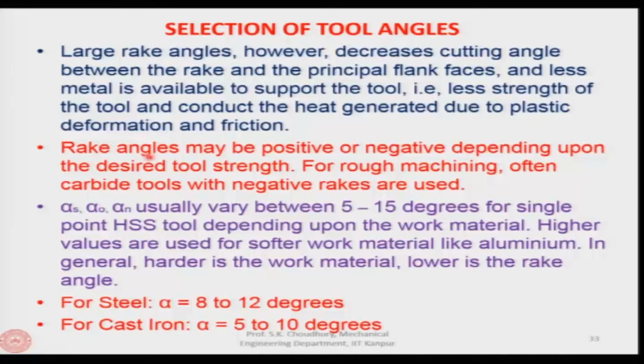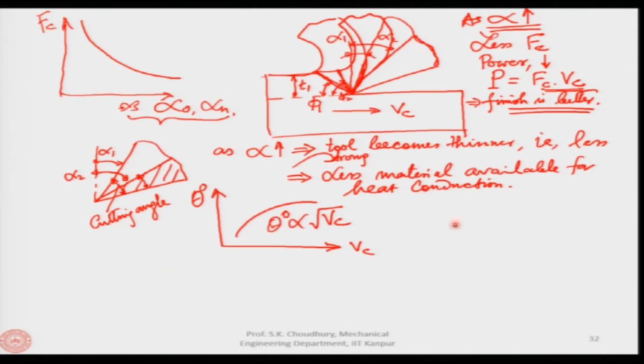The next point is that rake angles may be positive, zero or negative depending upon the desired tool strength. For rough machining, often carbide tools with negative rakes are used. If we remember, we have discussed that the tool may have a shape with a zero rake angle, or we can have a negative rake angle.